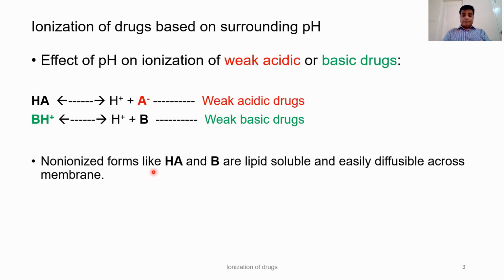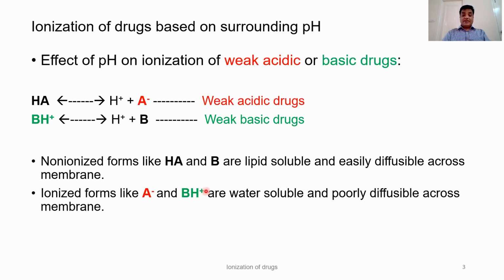Point to note, the HA and B forms of the acidic or basic drugs are non-ionized, no charge. They are lipid soluble and cross the membrane easily. Whereas the negative or positive charged forms attract water molecules, they are water soluble, and cannot cross the membrane easily.